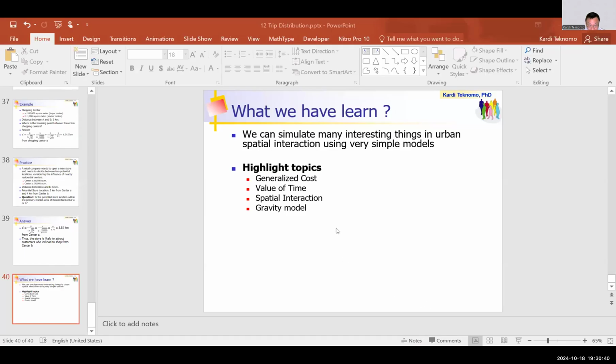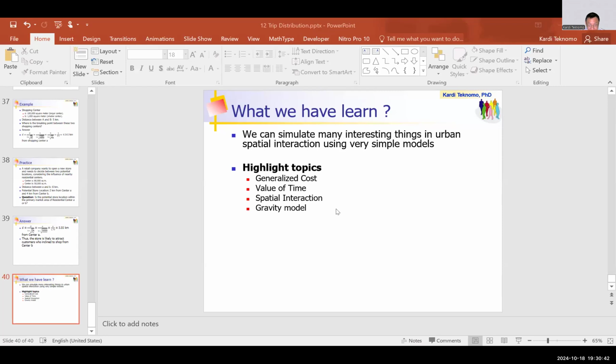So the same model, the same gravity model, but you make it into a different purpose. Okay. So any question so far? So, in that case, we will end this trip distribution, right?